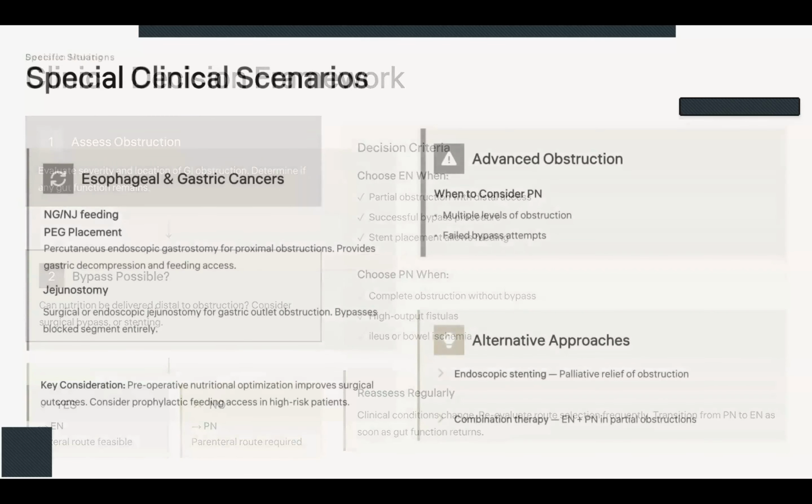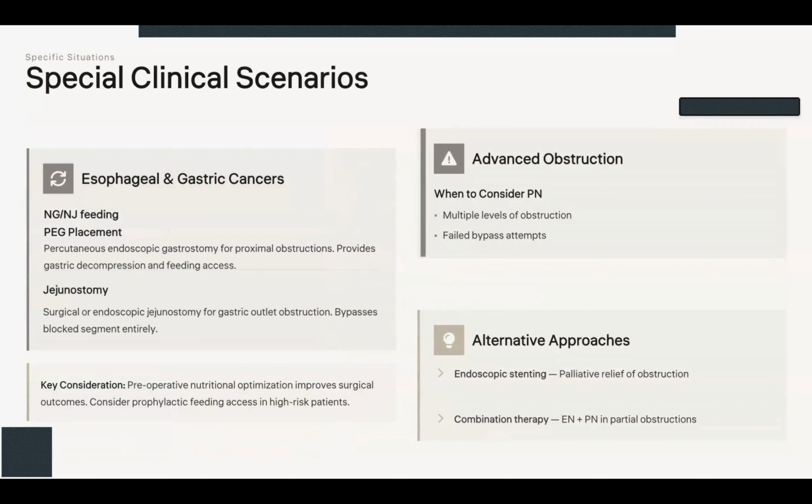In specific clinical scenarios, such as esophageal and gastric cancers, enteral feeding can be achieved through nasogastric or nasojejunal tubes, PEG placements or jejunostomy, which provides feeding access distal to the obstruction.